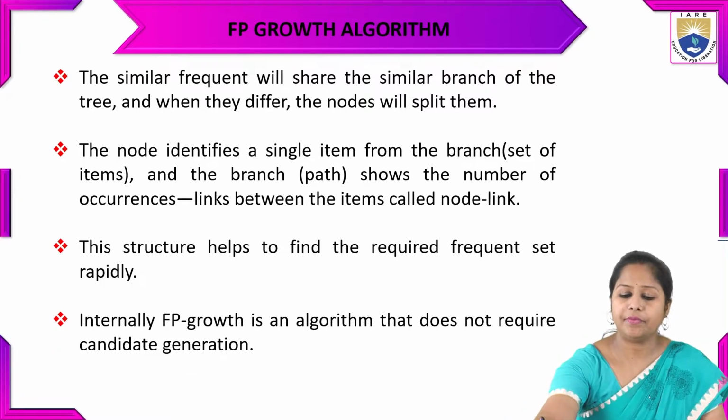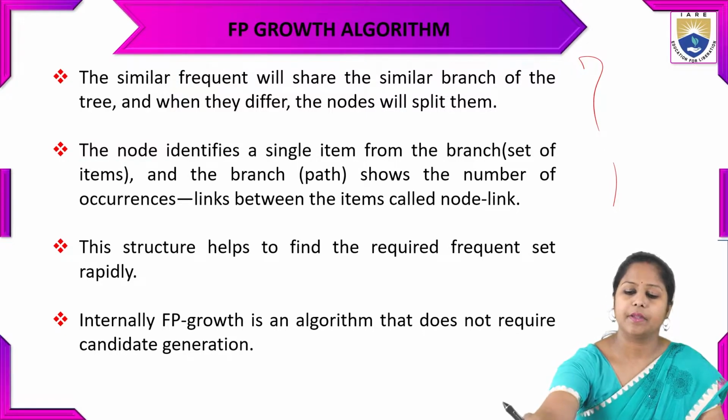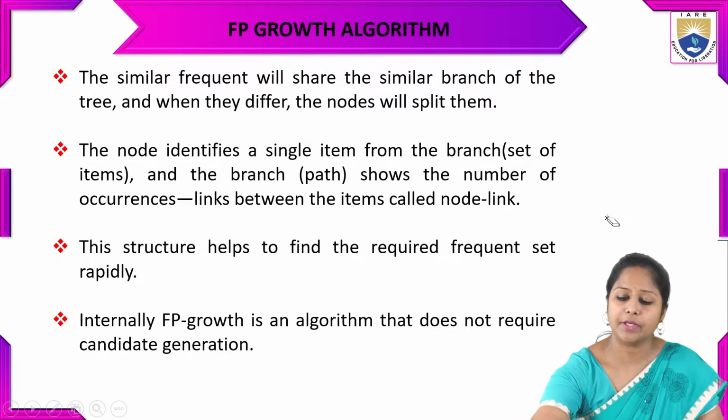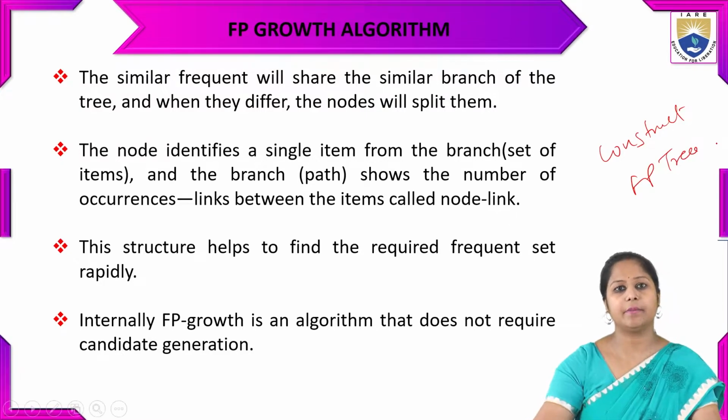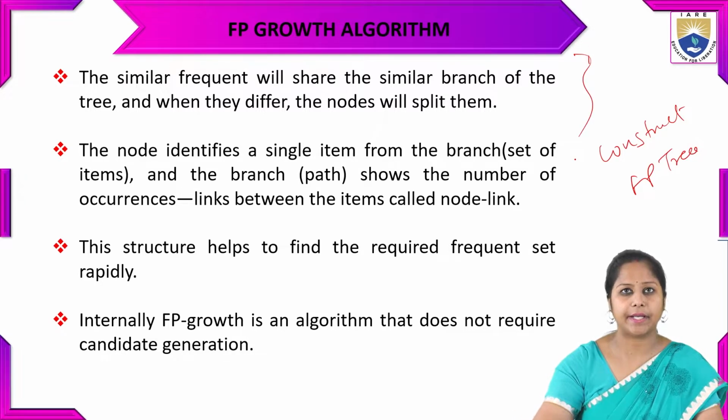So similar frequent items will share a similar branch of the tree. If we are going to construct an FP tree, we have to add some nodes there. While making the FP tree, the similar frequent nodes will be there.